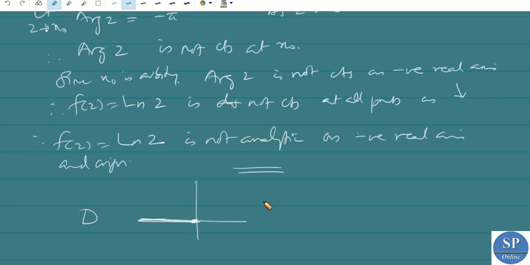In all the remaining points, ln of z is analytic.